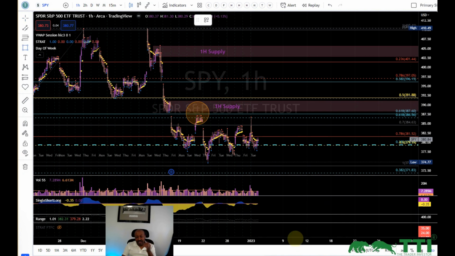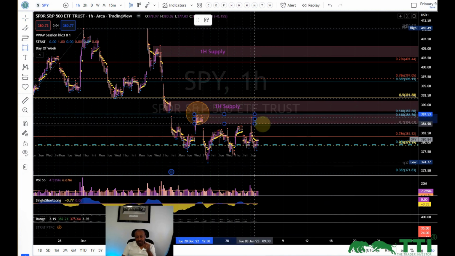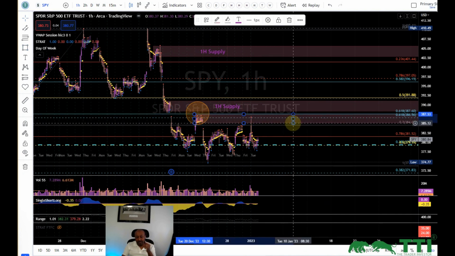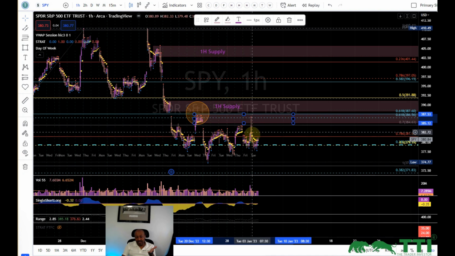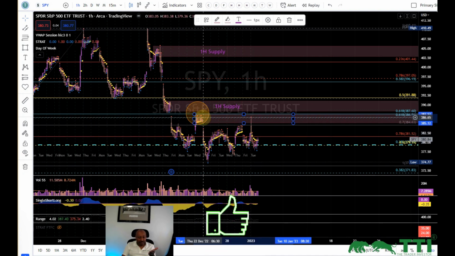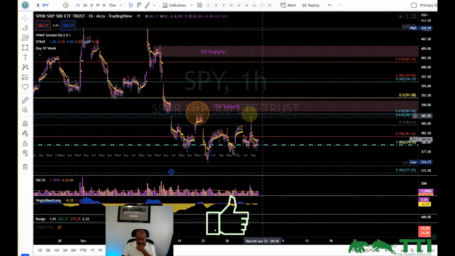So you would not be wrong. Honestly, you would not be wrong if you had drawn this. And you would have seen today, again, more indication, right? It was not just only this gap, but this supply zone also is filled, and they rejected it. So you would not be wrong to think that. I think that's a pretty good observation.